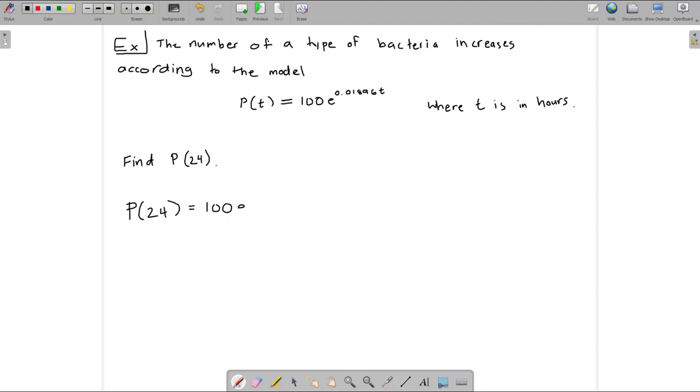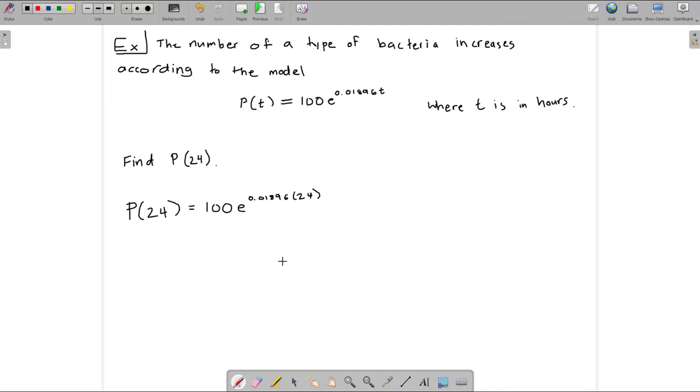So 100 times e to the 0.01896 times 24. So definitely a calculator problem. I would start with e to the whatever. E to the x is usually the button on your calculator, so you press that. And then just plug in this 0.01896 times 24.